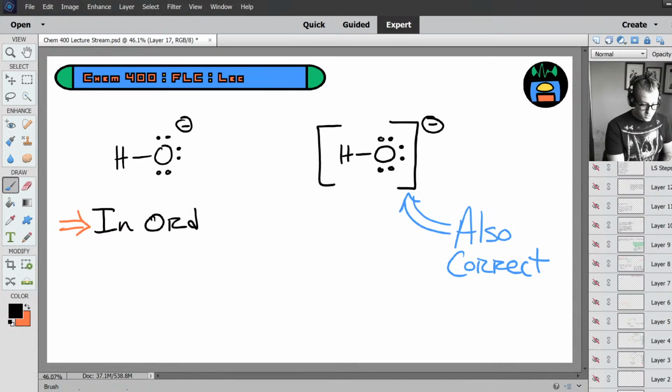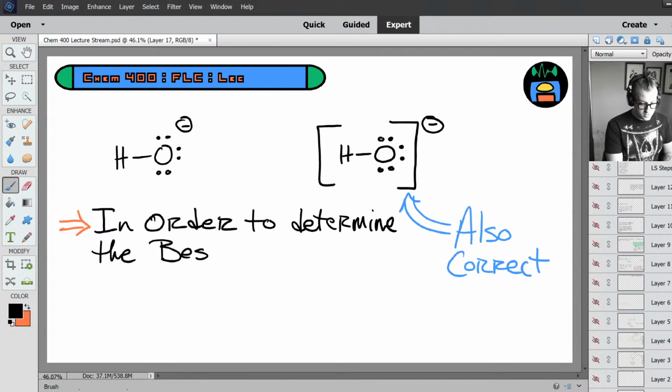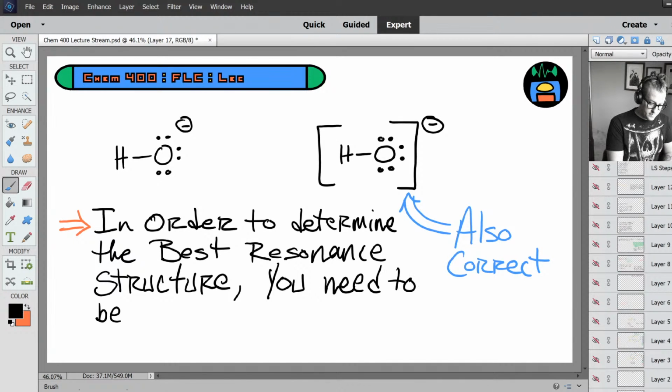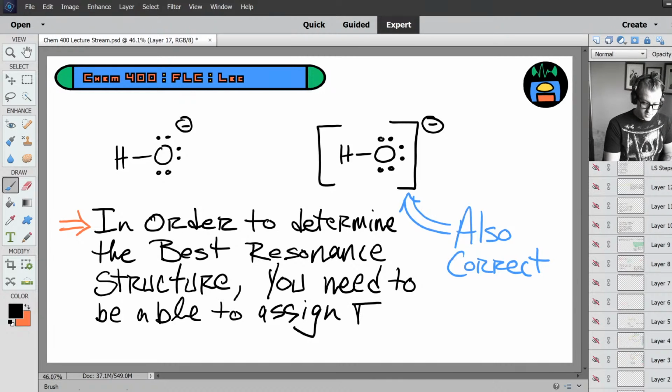In order to determine the best resonance structure, you need to be able to assign formal charges.